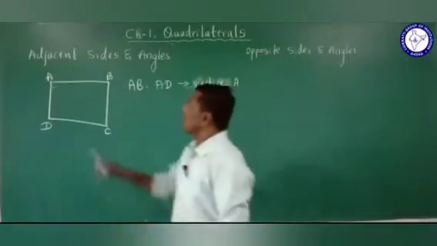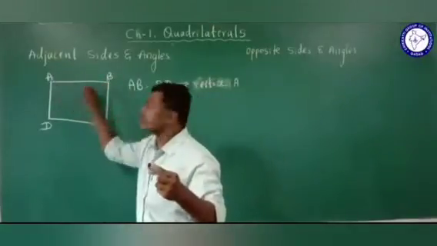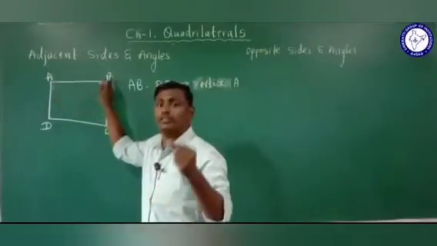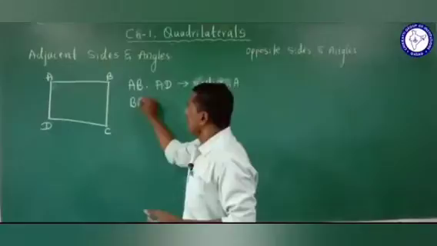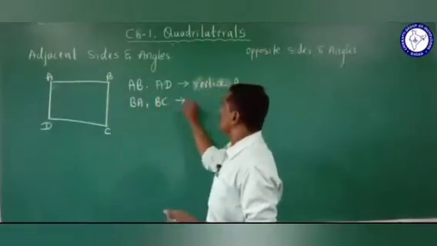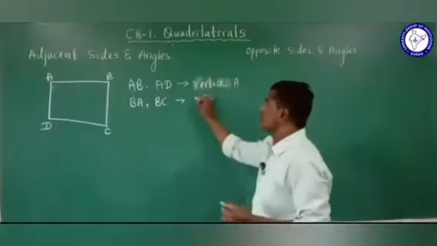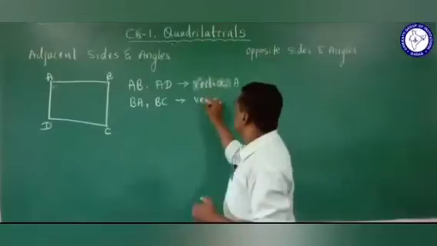Next, second one. Now take vertex B. What are the two sides which originate from vertex B? BA and BC. BA and BC are the two sides which originate from the vertex B, right?